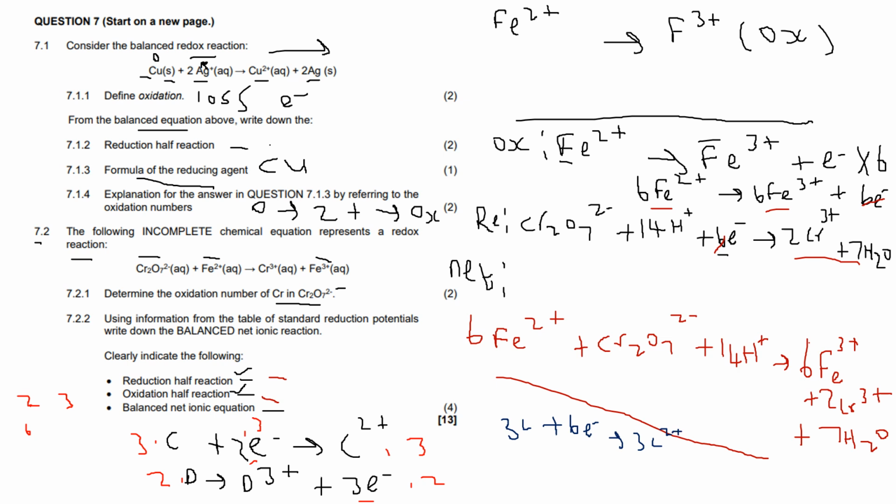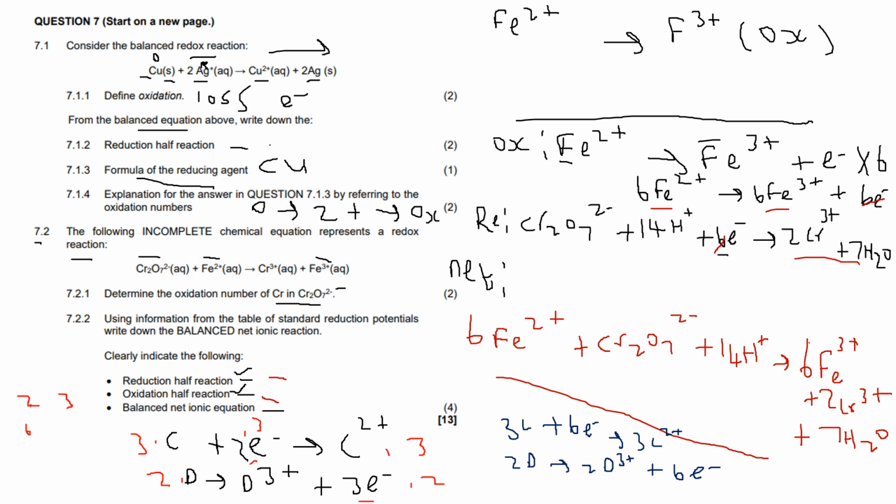Then the other one, because it is multiplied by 2, will come back as 2D forming 2D3+, and 3 times 2 will be 6, so there will be 6e minus there. Then for us to find the net, the electrons must cancel each other.